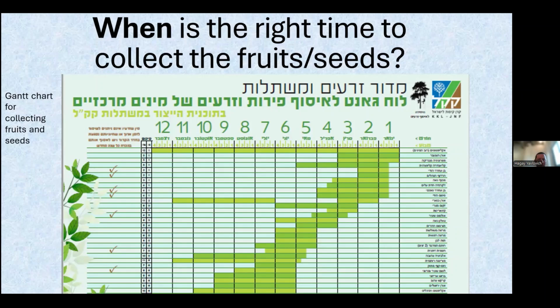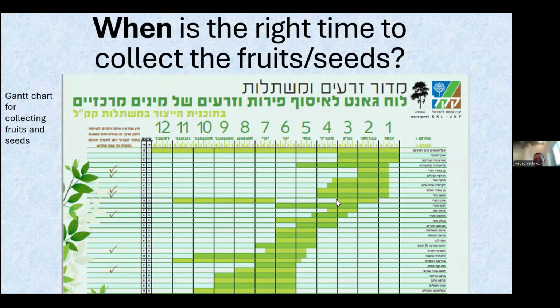And also here we have a small mark if the tree is the kind of tree whose seeds we can store, or if we must collect the seeds every year, year after year from the beginning, because it is impossible to store the seeds of this species.